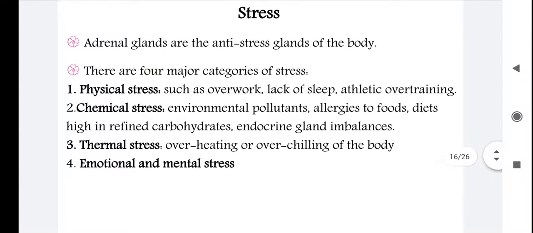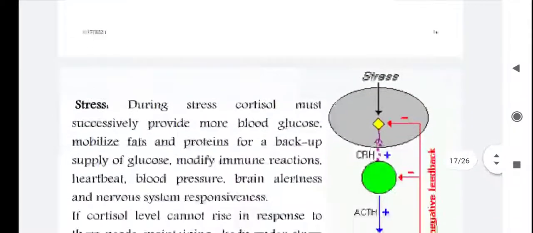Chemical stress includes environmental pollutants, food allergies, a diet high in refined carbohydrates, and endocrine gland imbalance. Thermal stress is overheating or overchilling of the body. And finally, we have emotional and mental stress.